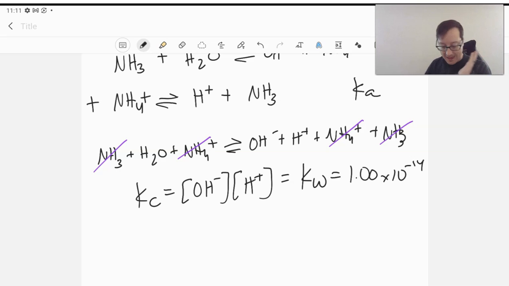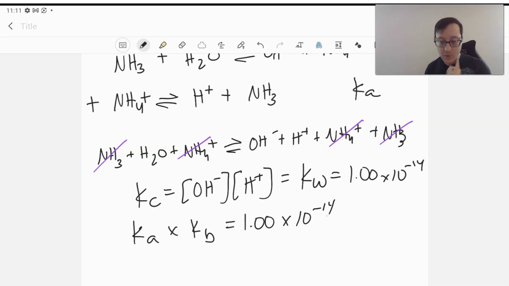So Ka times Kb for a conjugate acid-base pair is always equal to 10 to the negative 14. So once we're given the Ka and Kb, or rather we have one of them, we only need one, we can solve for the other, right? They're related to each other. So Ka for a particular acid, you can figure out the Kb for the conjugate base.